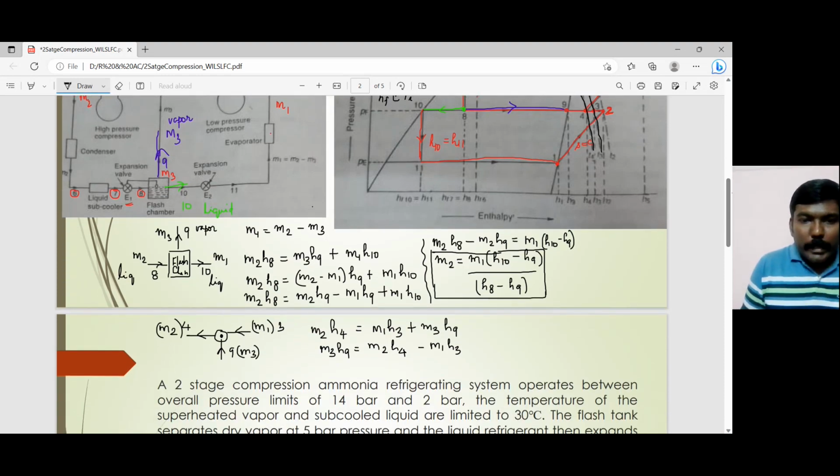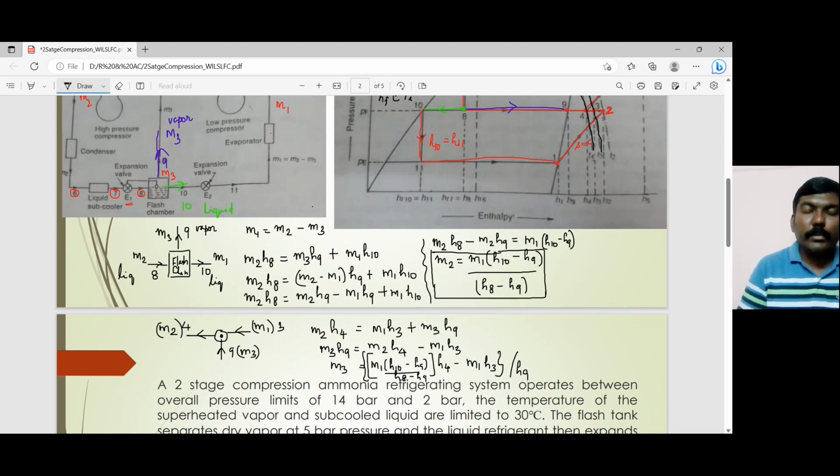And I already know the definition for M2. So M2 is M1 times (H10 minus H9) divided by (H8 minus H9). The whole thing is multiplied by H4 minus M1H3. Okay, and if you want to find M3, this entire term should be divided by H9.